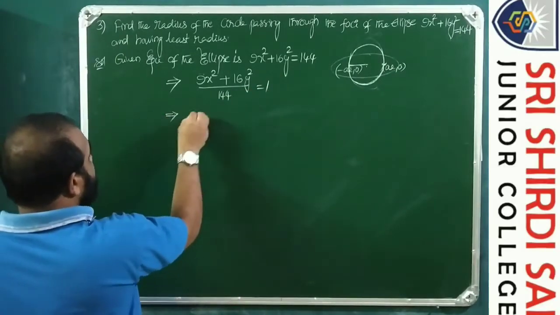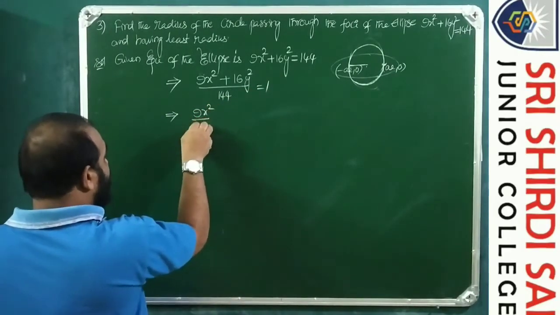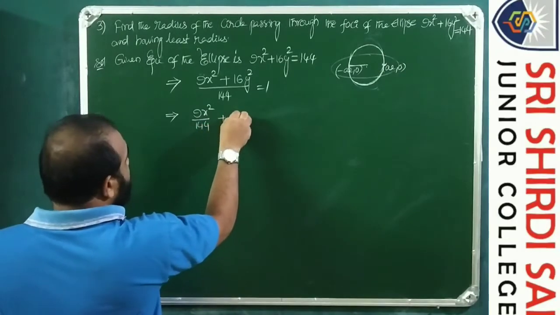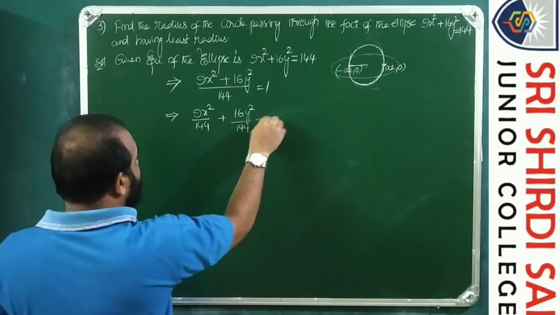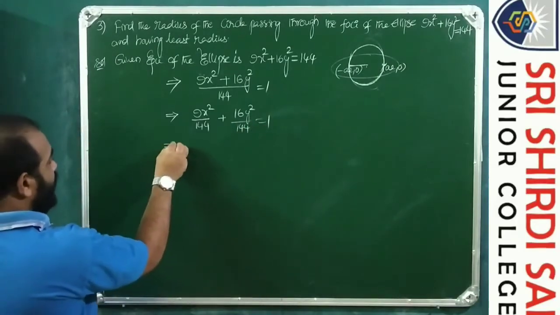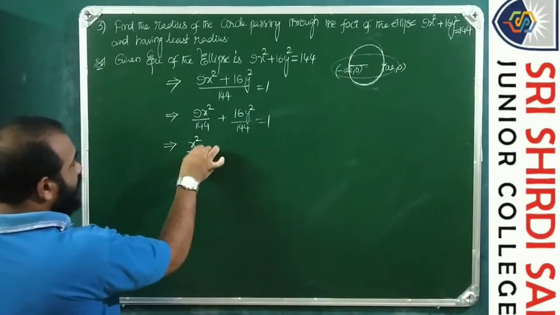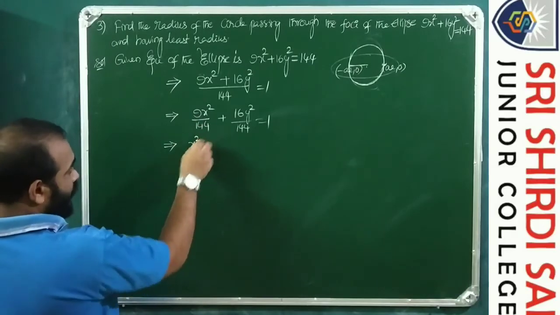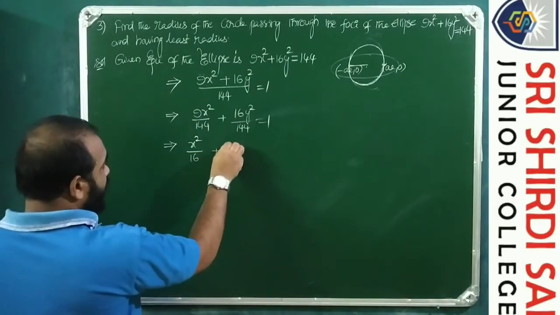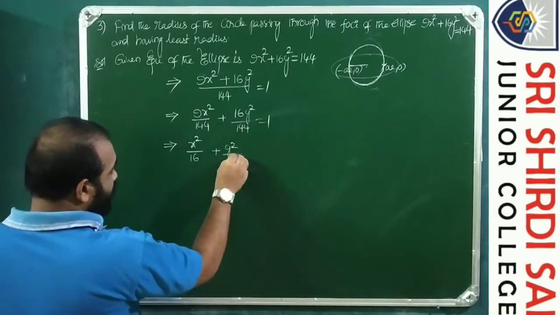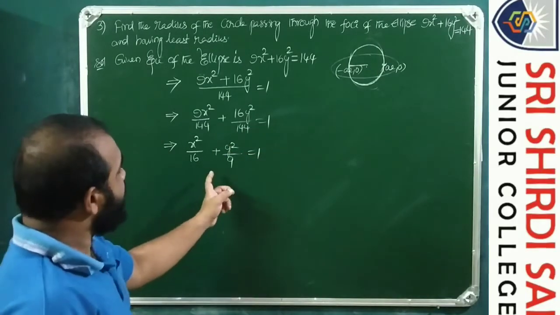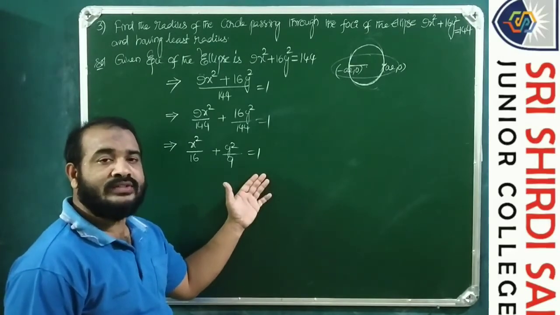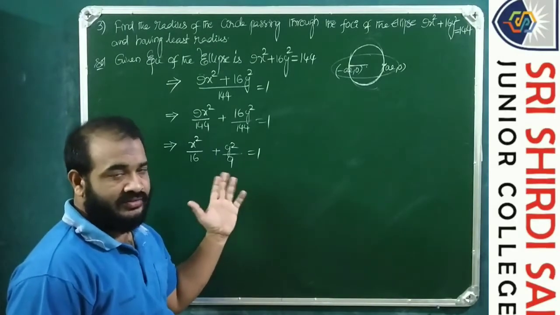This is 9x square by 144 plus 16y square by 144 equals 1. So x square by 16, since 9 sixteens are 144, plus y square by 9, since 16 nines are 144, equals 1. This is the standard form of the ellipse whose center is at the origin.